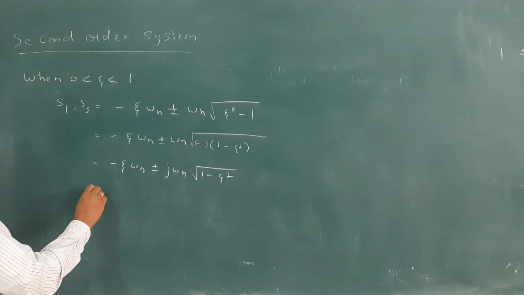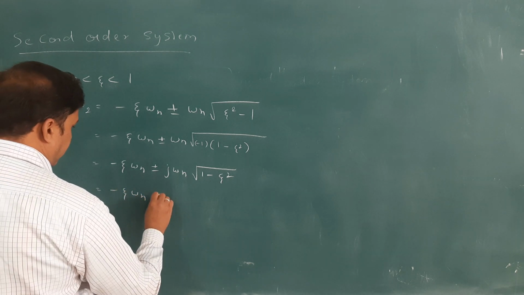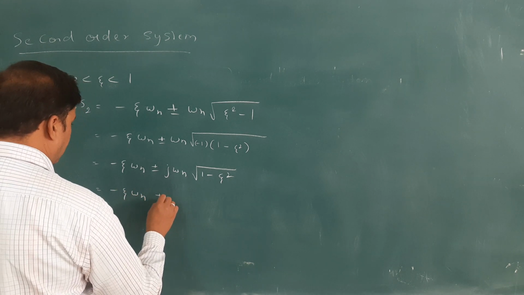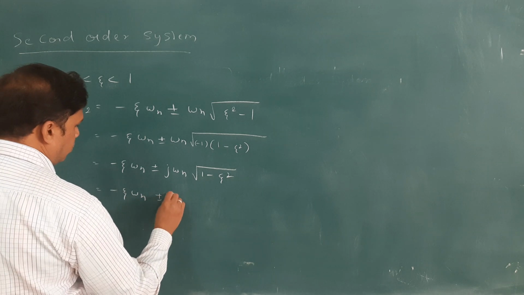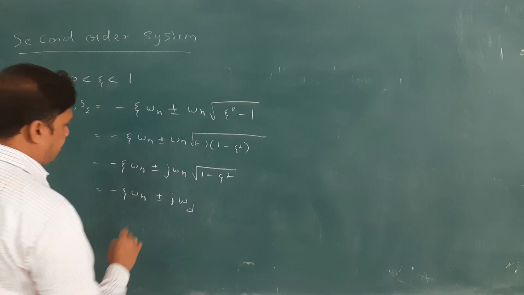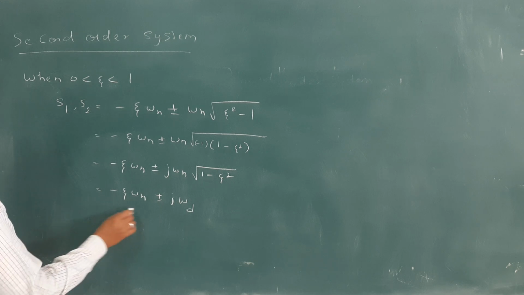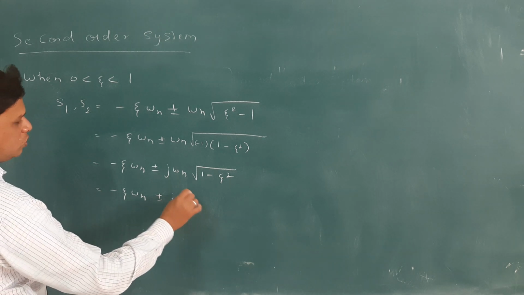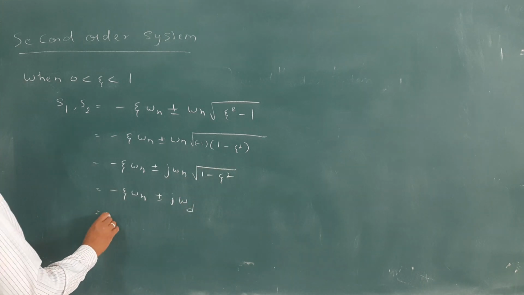Now, minus zeta omega n plus or minus j omega d. What is omega d? Omega d is equal to omega n into square root of 1 minus zeta square.